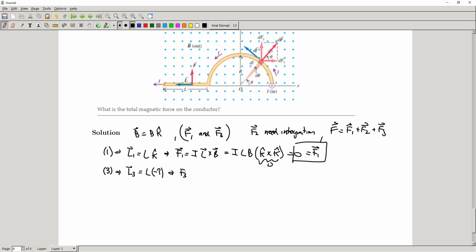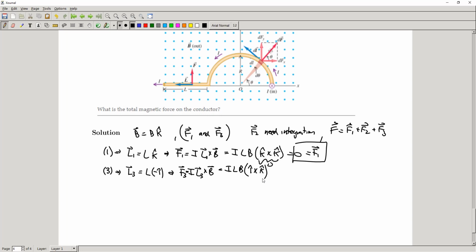Well, this means that our force on our section 3 is going to be I, L cross B, where this L is L3, right? And this L here was L1. So if we do that, we're going to end up again with the same leading factor, I, L, B, but now we have i hat crossed into k hat, okay?